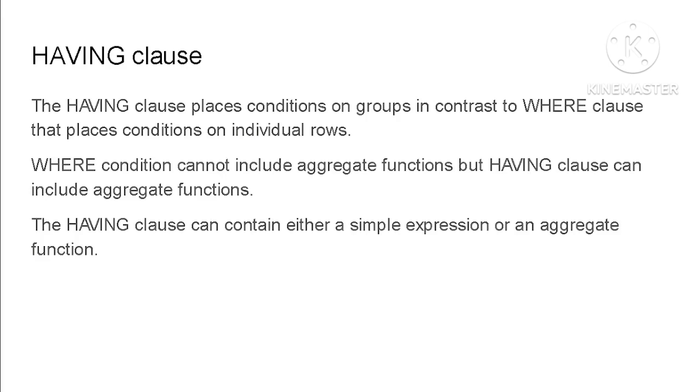MySQL searches every row by row, checks if the department is HR and retrieves the record. So where condition works row by row. But in contrast to that, there is a clause called having clause, which will check the condition after grouping. That is the purpose of a having clause.